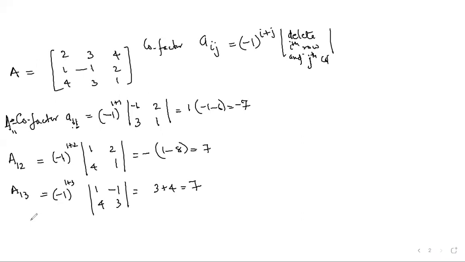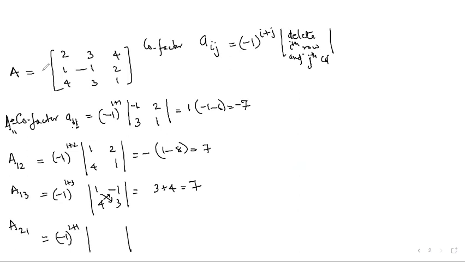Now calculate A21. Yeah, tell me. It should be 3 minus 4, right? 3 minus of minus 4. When you cross multiply, subtract. Right. The sign is minus in between. Okay. That is minus 1 raised to 2 plus 1.